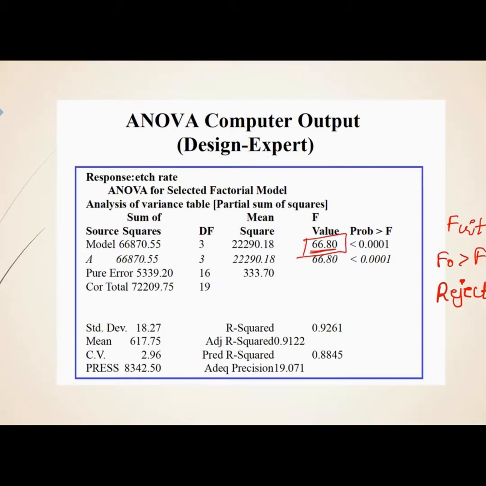The other approach is to get the p-value. Remember, we get the probability or the area under the curve for a given F value. For our F critical, we already know that our critical area is 0.05. That was our significance value. Now we have to get the area corresponding to our calculated F value, which was 66.80.